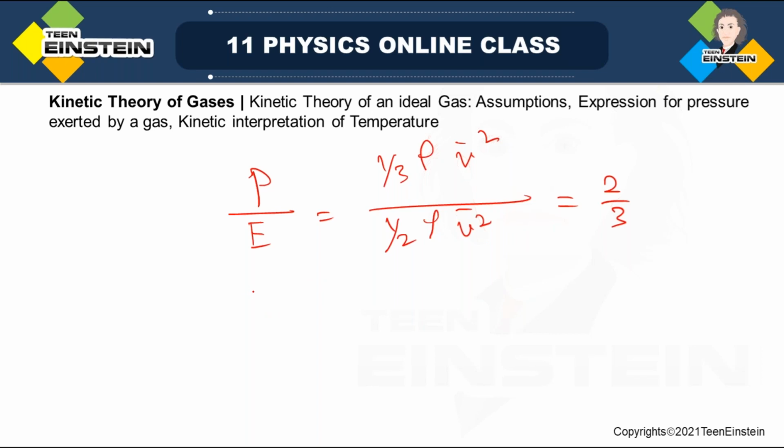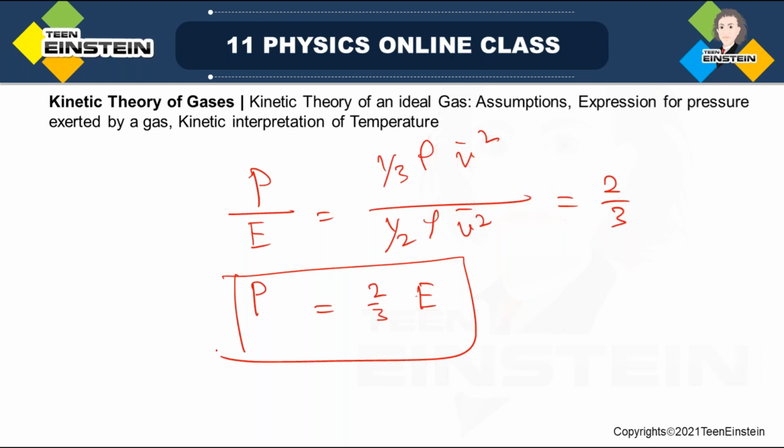That means the pressure will be two-thirds of the average kinetic energy per unit volume. So this is a special relationship between the average kinetic energy of gas molecules and the pressure. The pressure exerted by a gas is equal to two-thirds of the average kinetic energy of translation per unit volume of the gas.